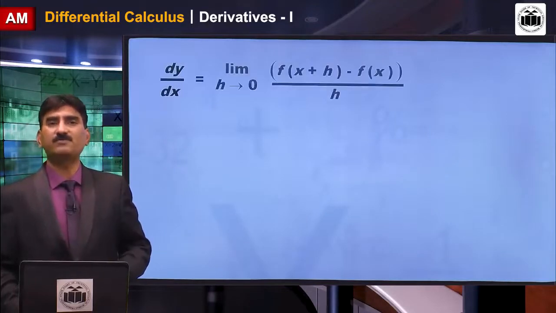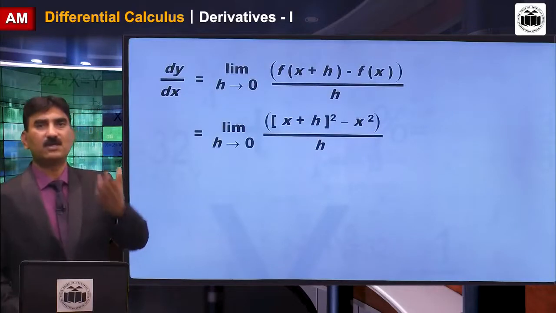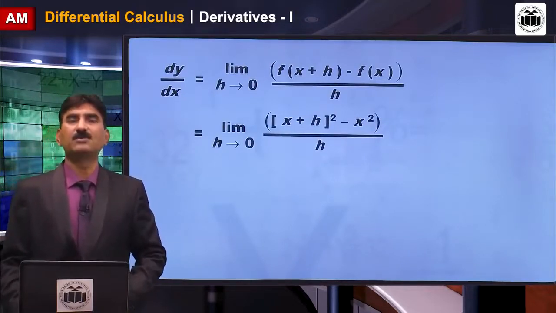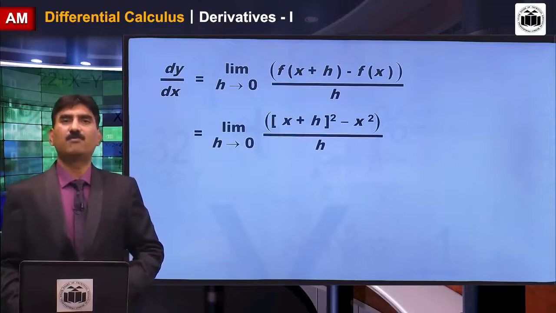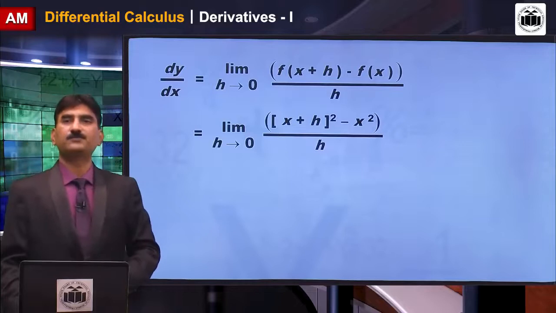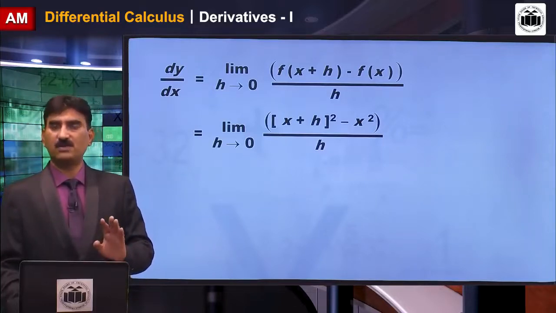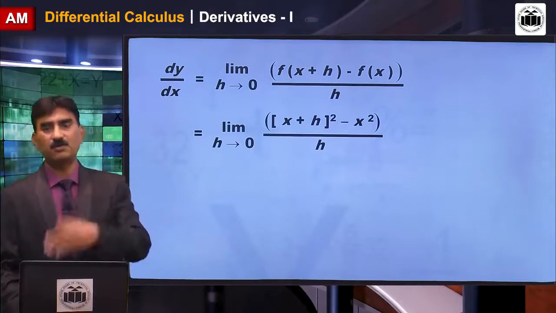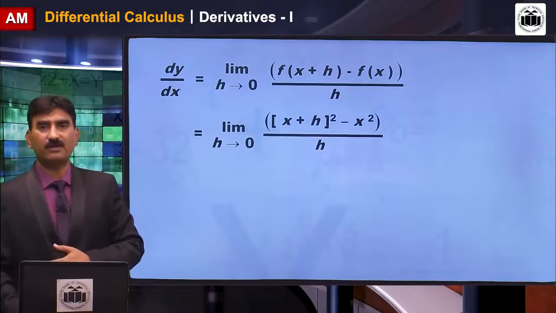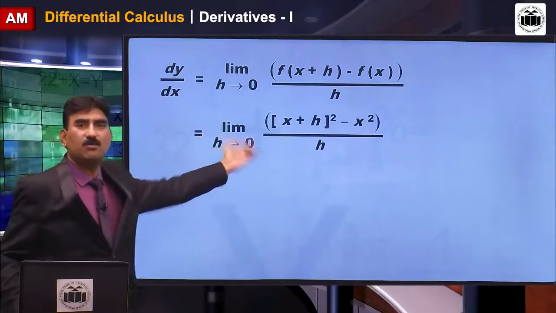Now, when we substitute all these values in the first principle, our expression becomes limit h tends to 0, x plus h whole square minus x square upon h. Now, here we apply one of two formulas. Either you apply a plus b whole square or you apply a square minus b square. So, we apply here a plus b whole square.